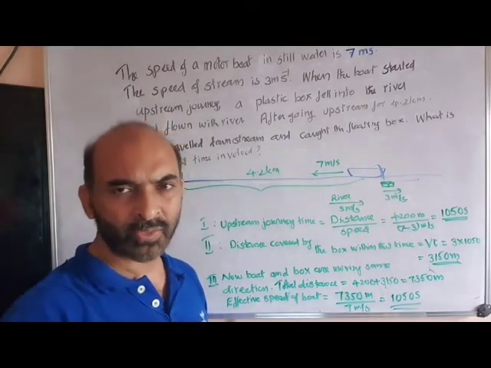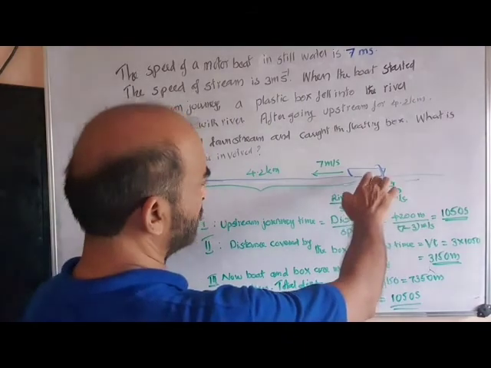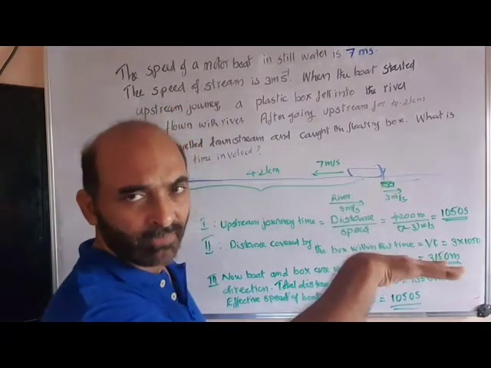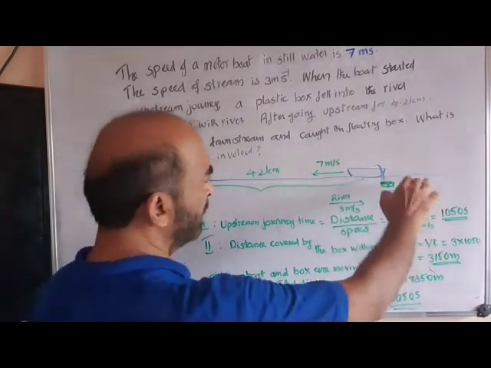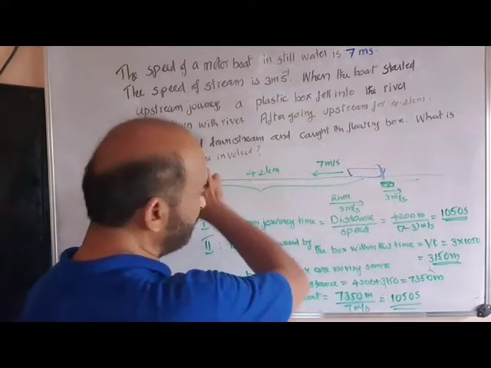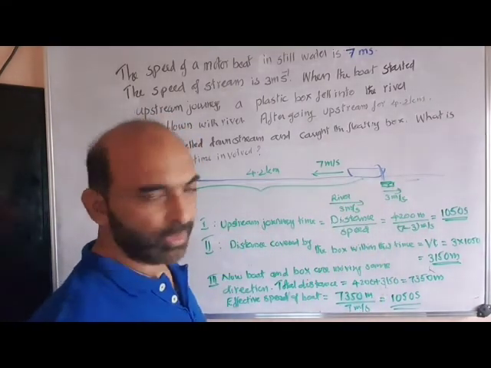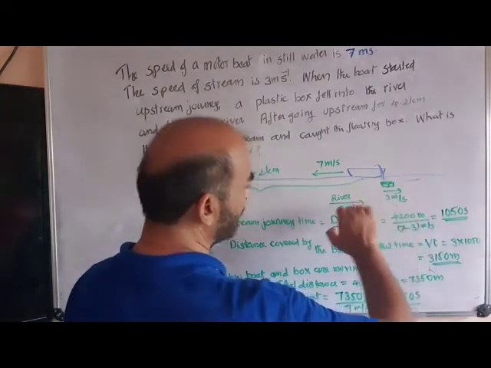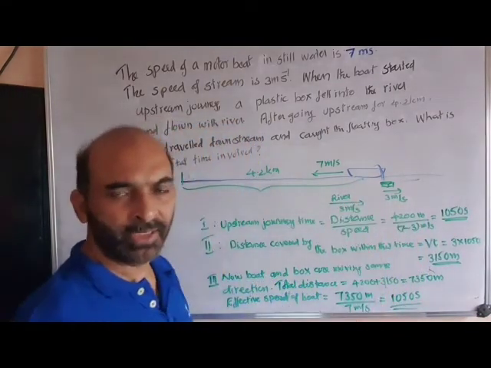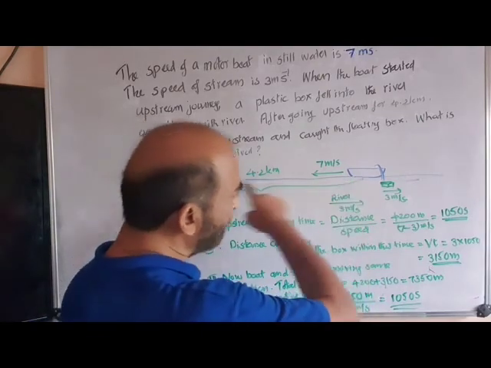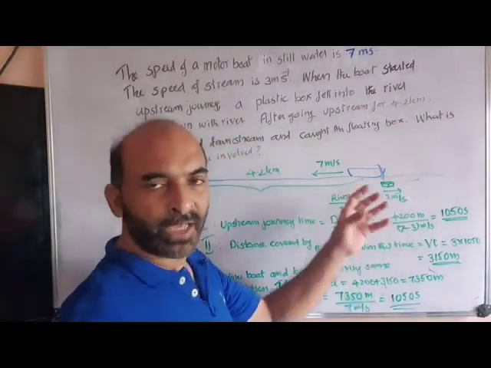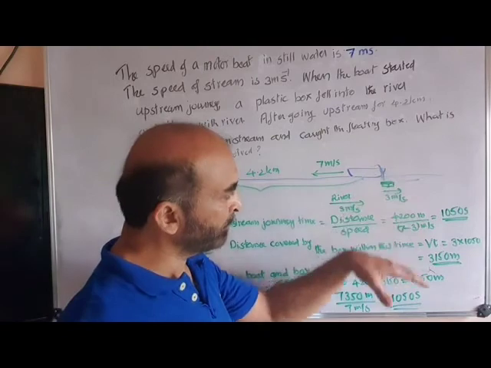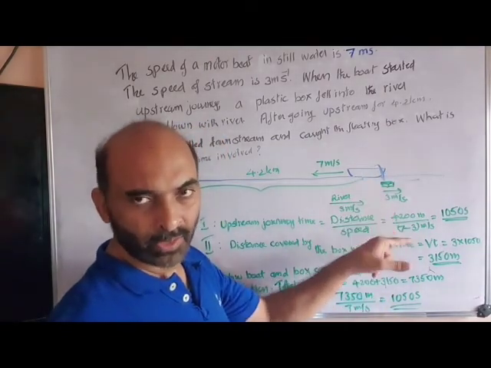I will illustrate the question. A boat, its speed in still water is 7 meters per second. It is going upstream in a river whose speed is in the opposite direction, 3 meters per second. While they started an upstream journey, a plastic box fell from the boat unawares into the river.